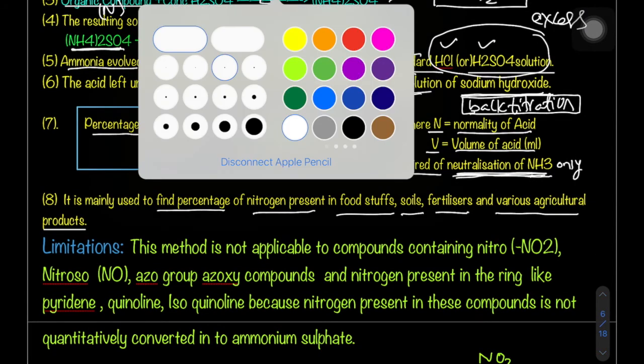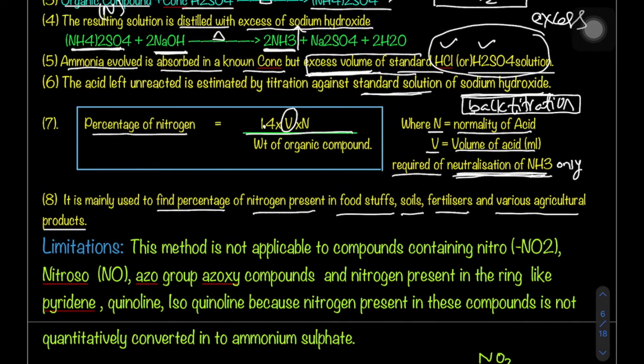Now here one important thing is the drawback or limitation. What is the limitation here? The limitation is that it is not applicable for compounds containing NO2, nitroso, azo group, azoxy group, and also nitrogen present in ring form like pyridine, quinoline, isoquinoline.